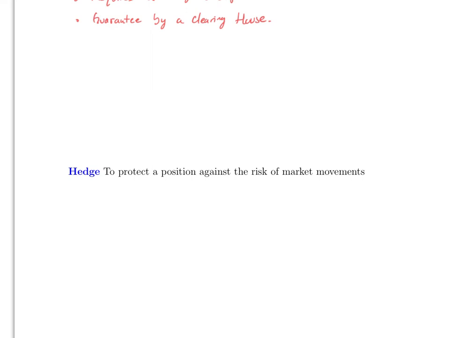So Pedro is trying to reduce his risk. If the price of gold goes down, he will be protected. If it goes up, it's not good for him, but if it goes down, he will be protected. Well, Ethan, if it goes up, he will be protected, but if it goes down, he will not be protected. So that's what it means by hedging.